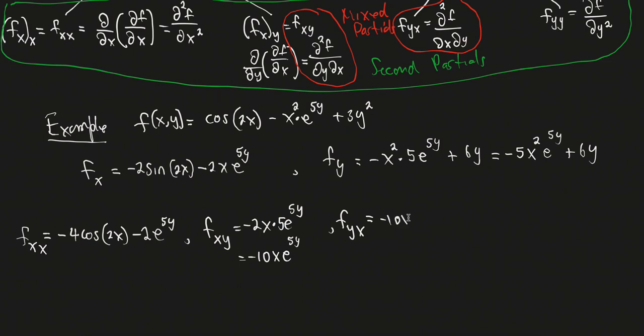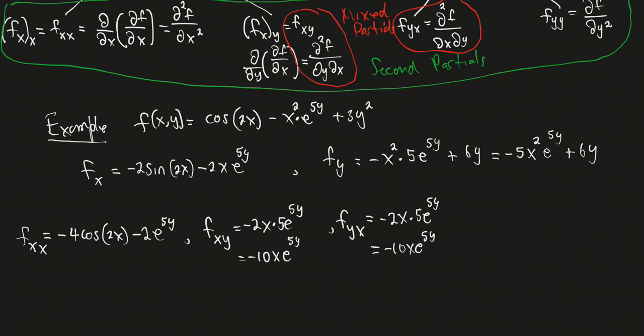Well, that was kind of simplified, but let me write down the steps. So differentiating this term is negative 2x, and then bring down the constant multiple, right? And then this is just a constant. It's not a multiple. So when we differentiate our 6y with respect to x, we'll get 0. And then we end up with negative 10x e to the 5y.